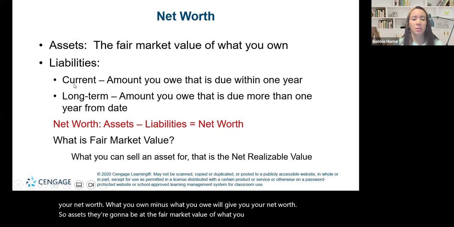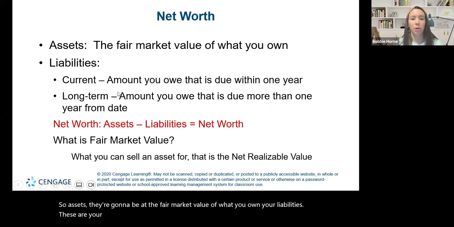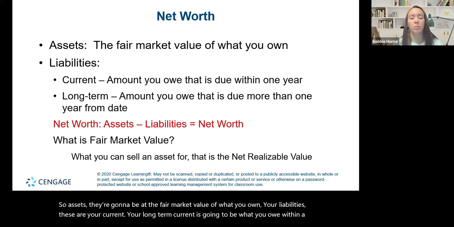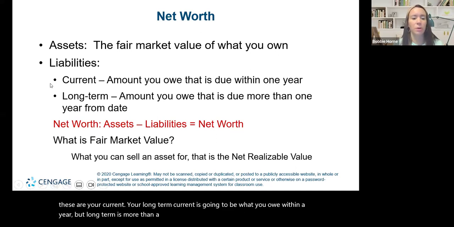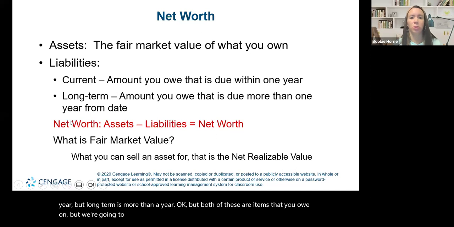Your liabilities, these are your current and your long-term. Current is going to be what you owe within a year, but long-term is more than a year. Okay, but both of these are items that you owe on, but we're going to categorize them as current or long-term. Your net worth, like I said, is assets minus liabilities equal your net worth.